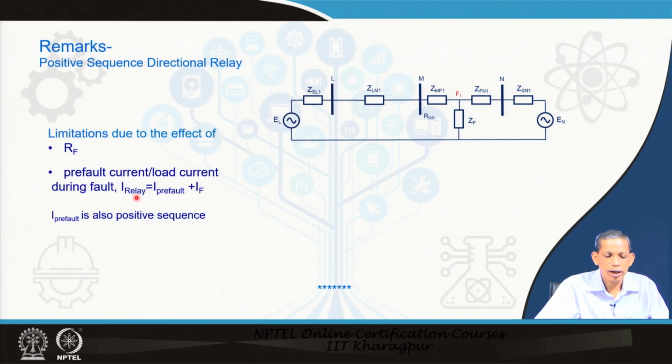So, that is, I relay equals I pre-fault plus I fault, and if the pre-fault becomes significant, that may also affect the directional relaying performance using the positive sequence component.